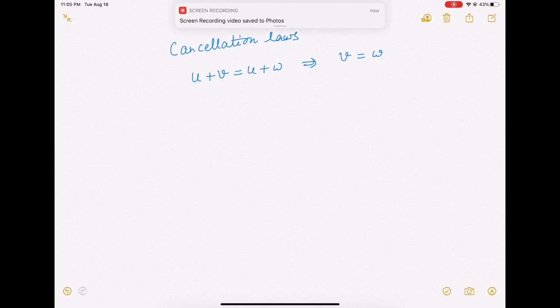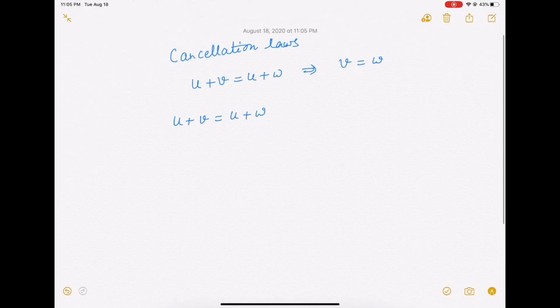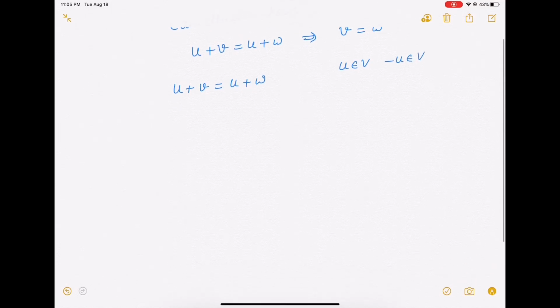So we start. u plus v is equal to u plus w because u belongs to vector space V, so minus u also belongs to V. So we operate minus u on both sides of this identity. We add minus u on both sides.